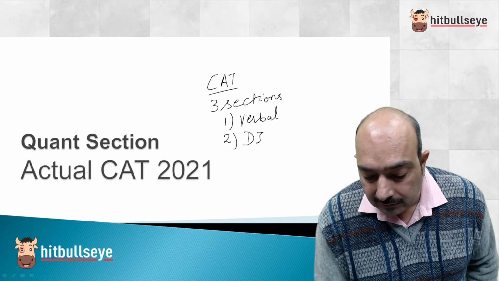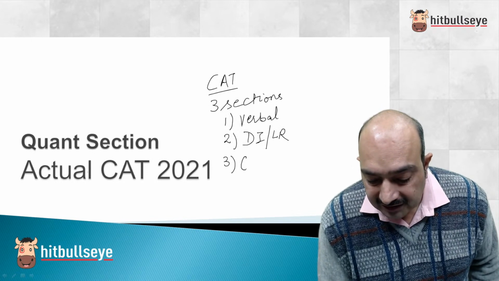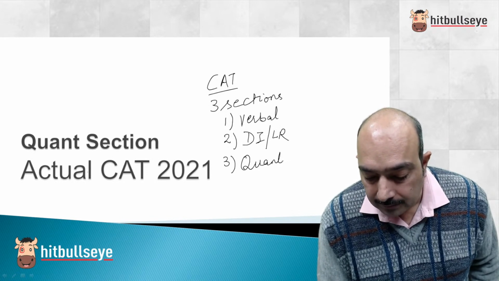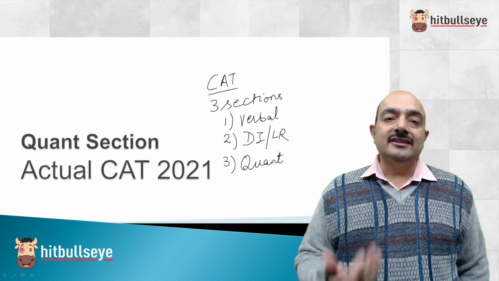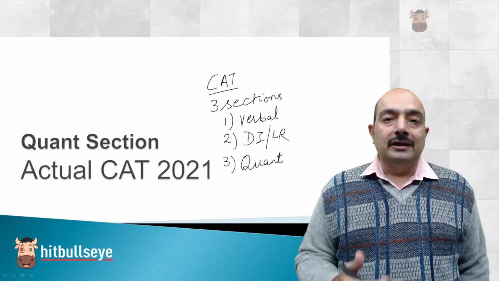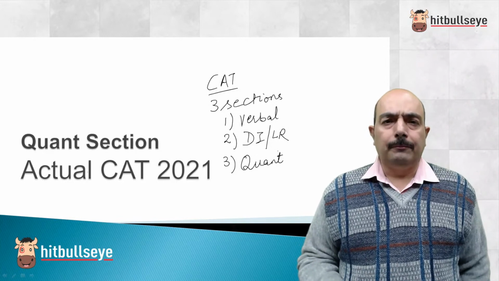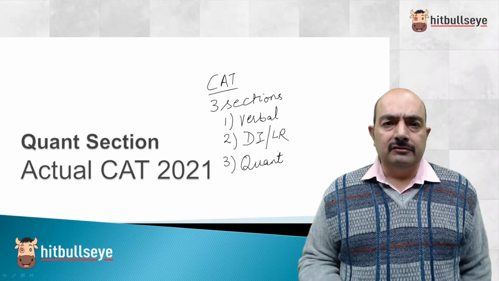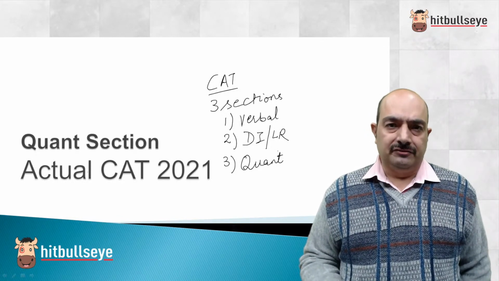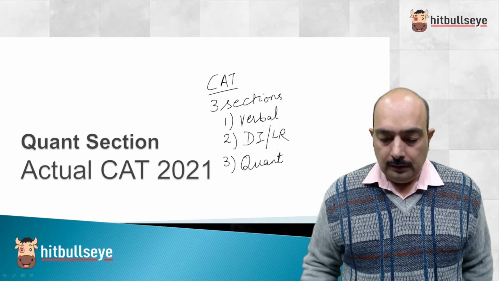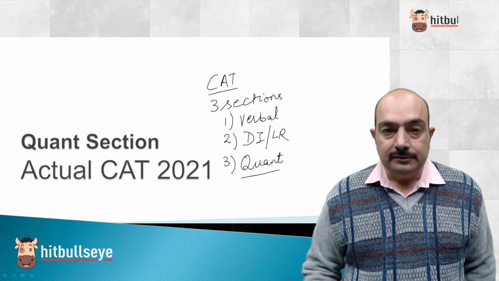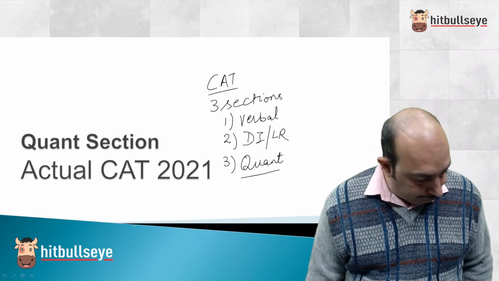Second section was DILR, and the third section happened to be quant. So you can say this is the pattern which has been continuing for the past 2-3 years, say 17 onwards. This trend is being observed. So we are here to discuss the quant section. So let's move ahead.